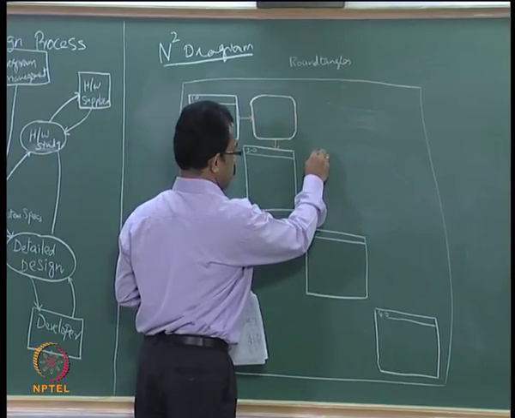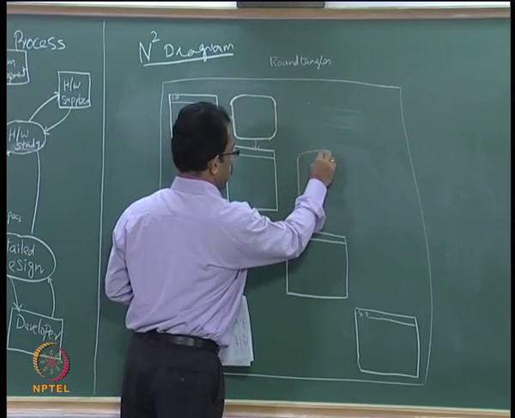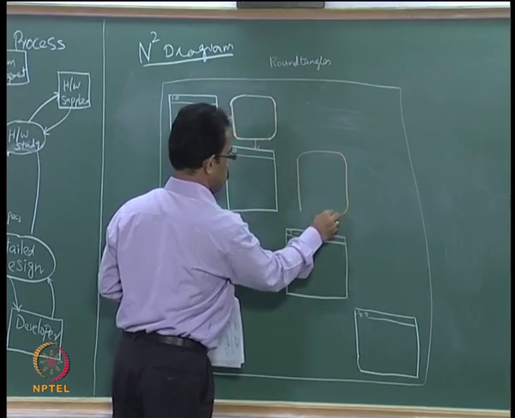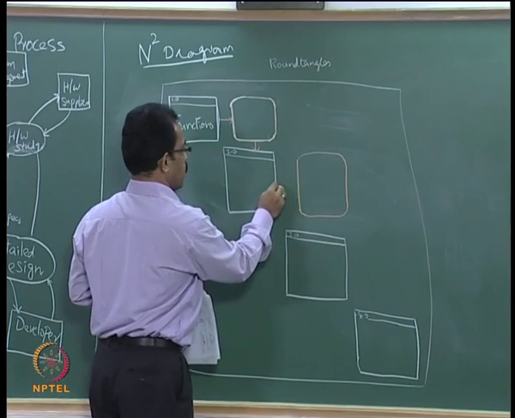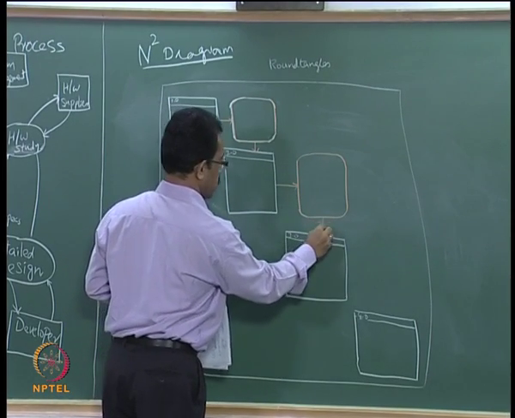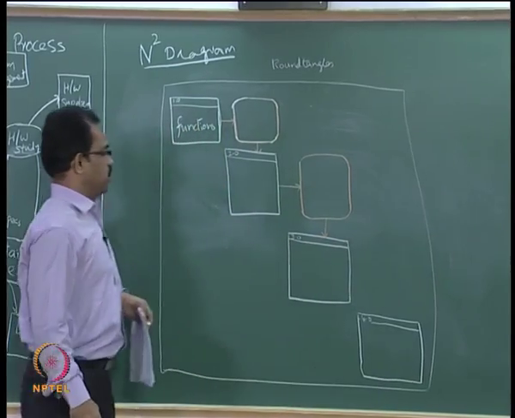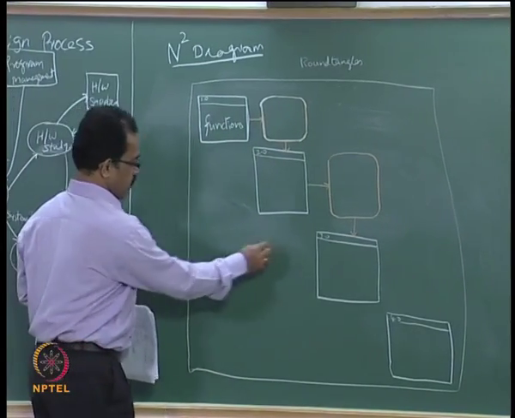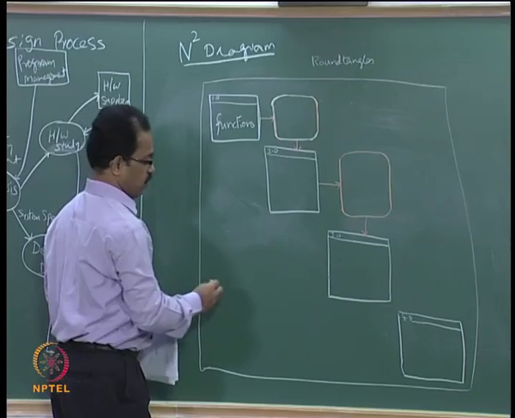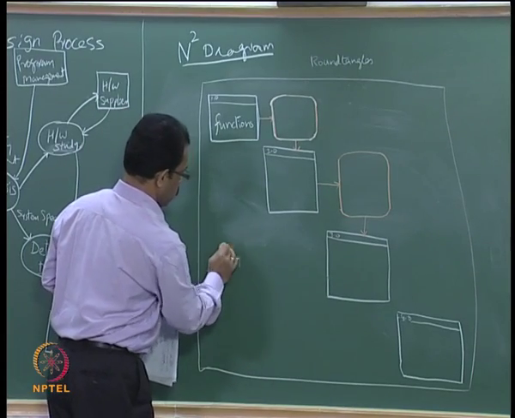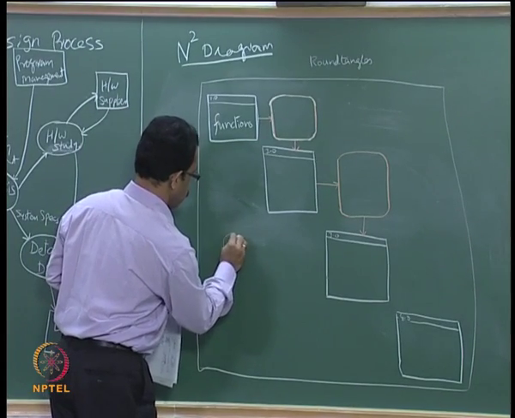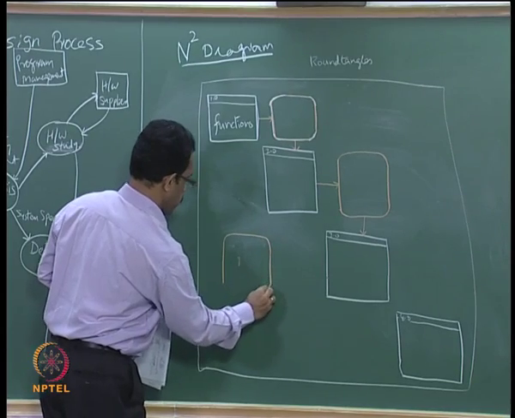Similarly you can have this here also, round tangles, which represent the interaction between these functions. And whenever there is a feedback from this function to the other function, it is represented like this. Again we use the round tangles to represent the interaction.